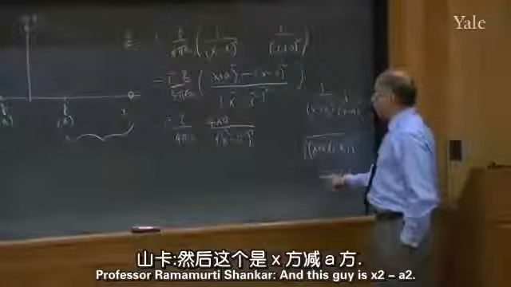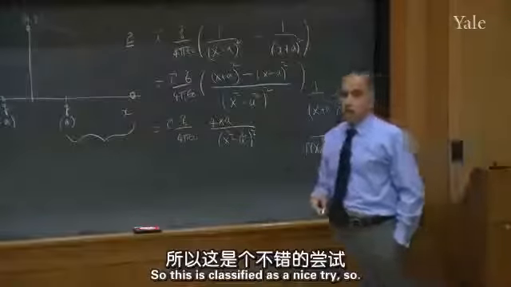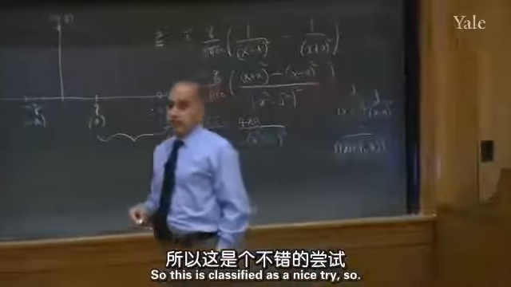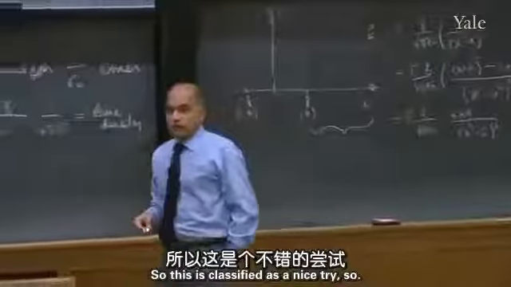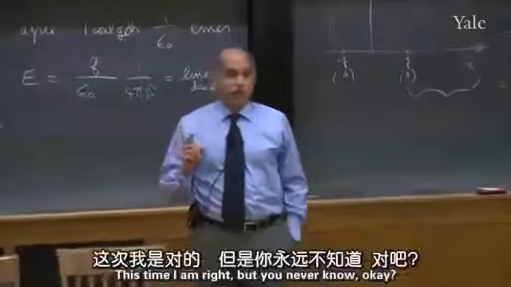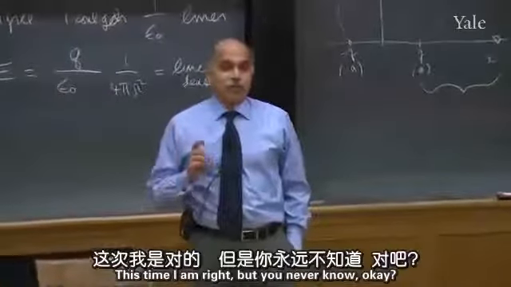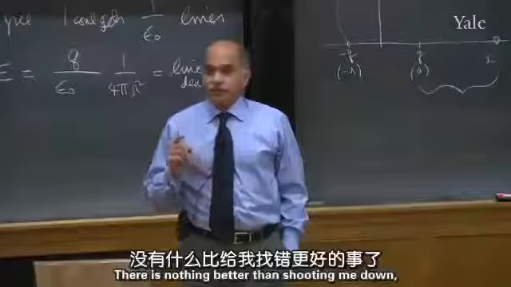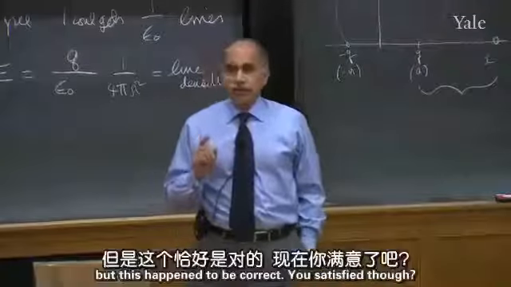And this guy is x squared minus a squared. So this is classified as a nice try. But I want you to keep doing this. This time I'm right, but you never know. I don't want you to give up. There's nothing better than shooting me down. But this happened to be correct.